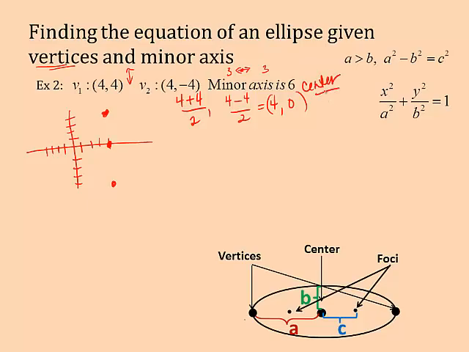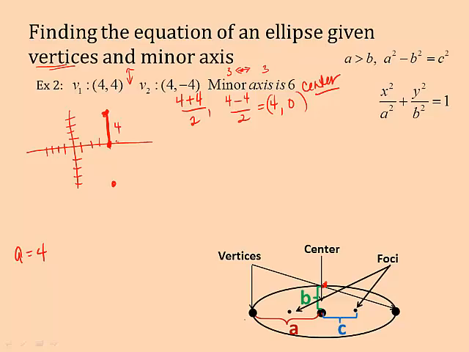Okay? Now, the minor axis, let's see. From the center up to my vertex, that's a distance of 4, isn't it? Well, look, what is that called? Distance from the center to the vertex, that is A. So A is 4. B is the distance from the center to the co-vertex.